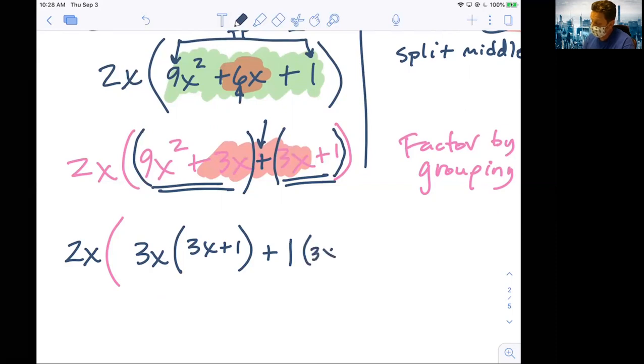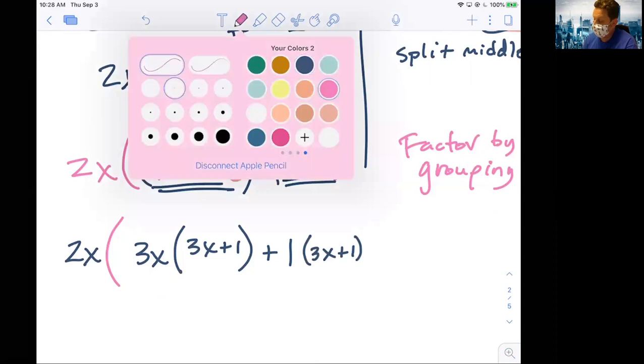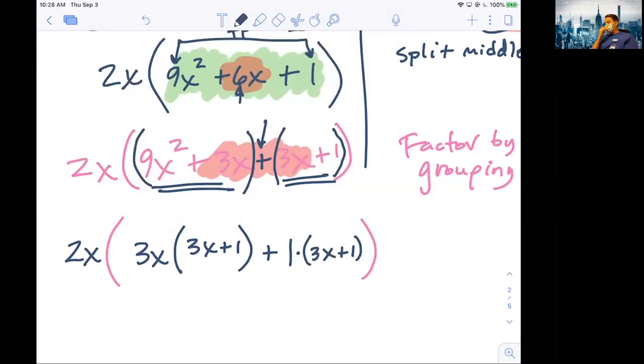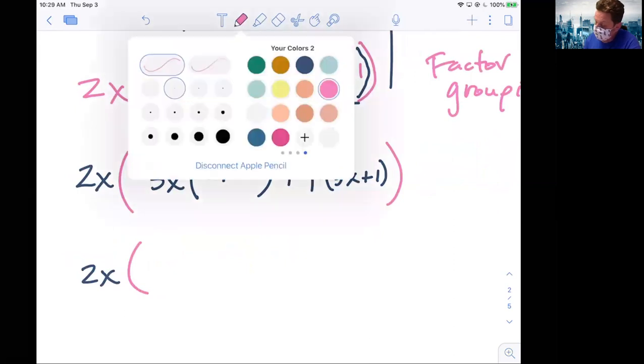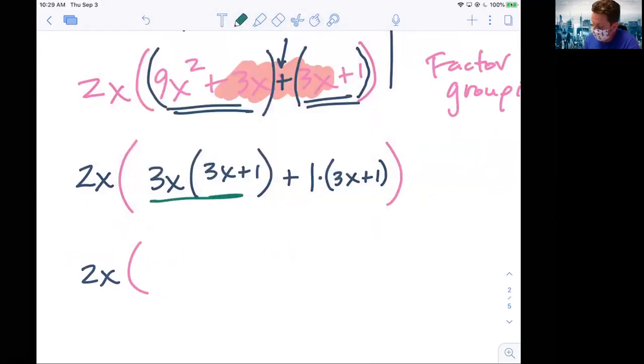It's already prime. So we'll put a 1 times 3x plus 1. That 1 is going to be helpful, even though it's not needed, because 1 times anything is itself. It's helpful, okay? Does everyone see what I did? I factored out from the 2 terms. Now, the 2x is on the outside. He's kind of aloof to what's going on the inside. He's not real sure. But here's why this works. I now have 2 factors. And what's common in both of them?